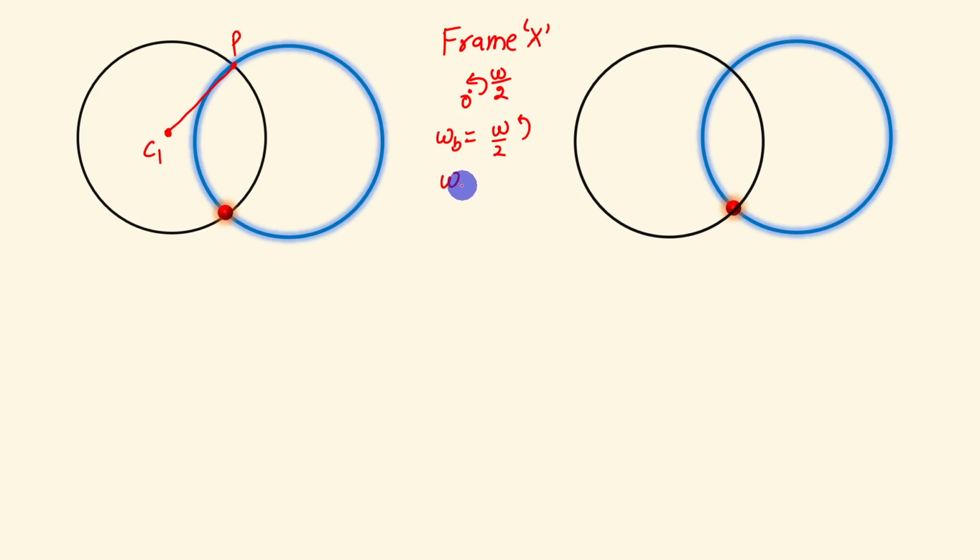So the angular velocity of this black ring is also going to be omega by 2, but in the clockwise direction. So 0 minus omega by 2, we used the relative motion concept here, and in that case it will be very nice to see that this point P is going to remain on a straight line.